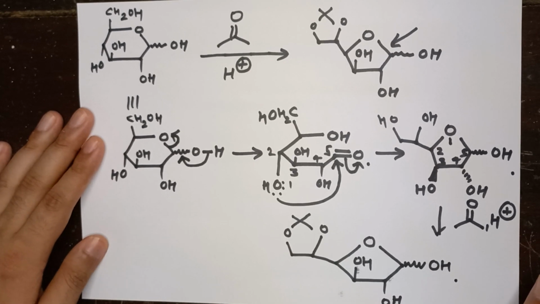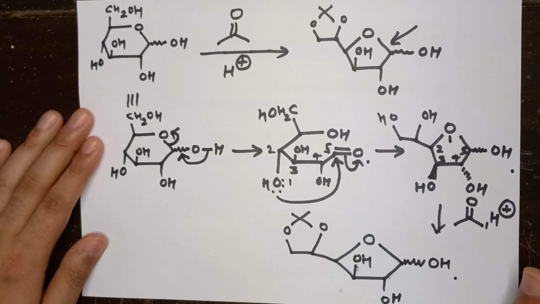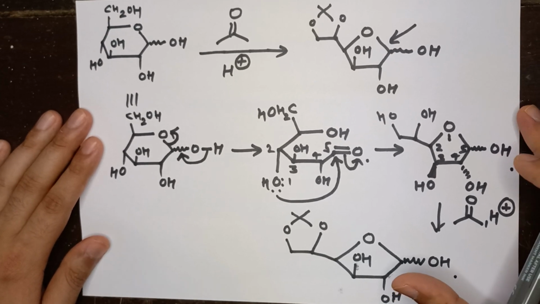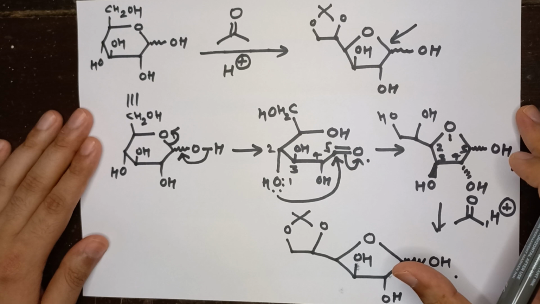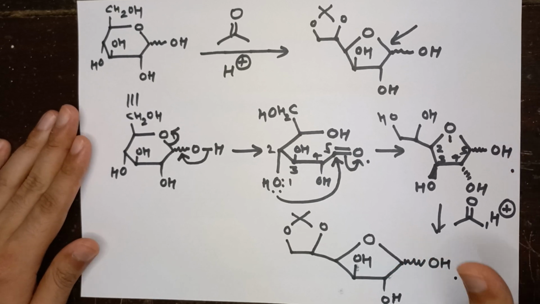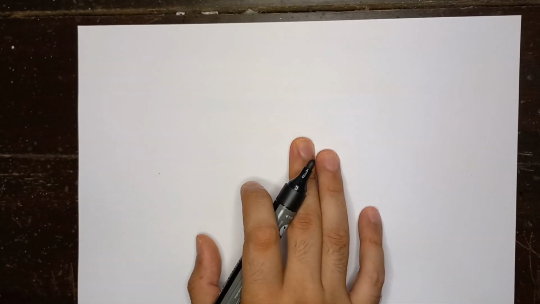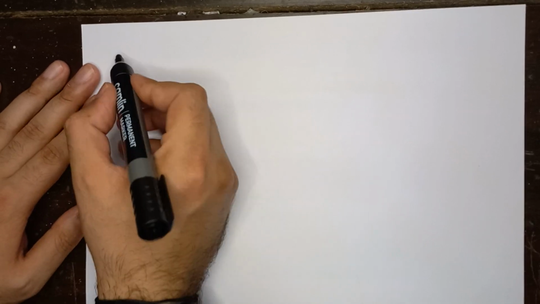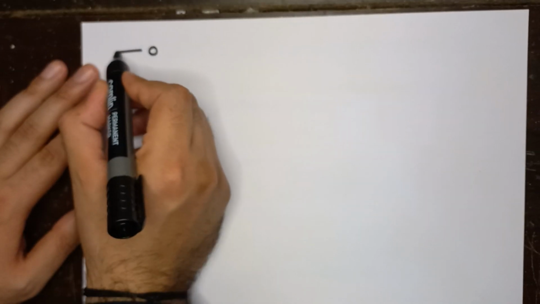So this is the mechanism for this particular reaction. This reaction is very important in terms of the competitive exams, so take a note. Okay, let me write my second question. This question is pretty straightforward.